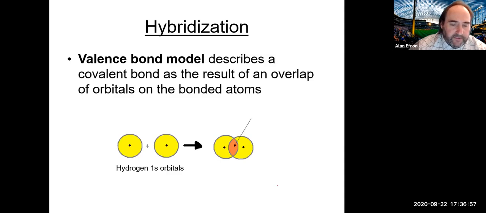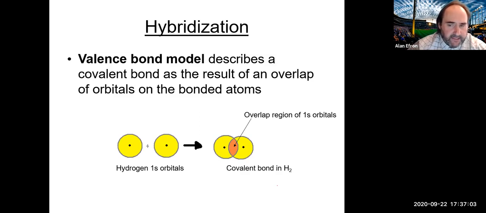When those orbitals come together, there's a region where they overlap, and that's thought of as where the electrons would be shared between the two atoms. This orangey region here is where those electrons would be shared, and what would hold that bond together. And we would get our covalently bonded H2.